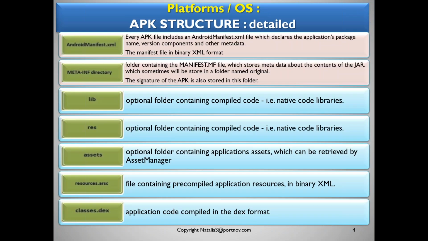One of the most important files inside the APK is AndroidManifest.xml. Why is it so important? Because every APK file contains this Android manifest XML, and this is the file which declares the application, package name, version, components, and other metadata.